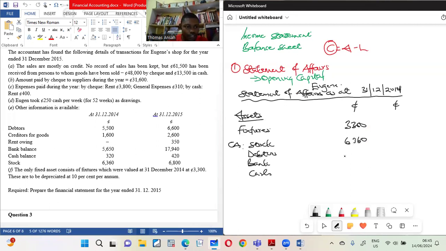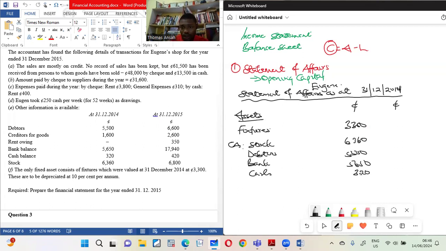And you could see the stock is here, 6,360. The debtors are 5,500. Then the bank balance is 5,650. Then the cash balance is how much? 320.